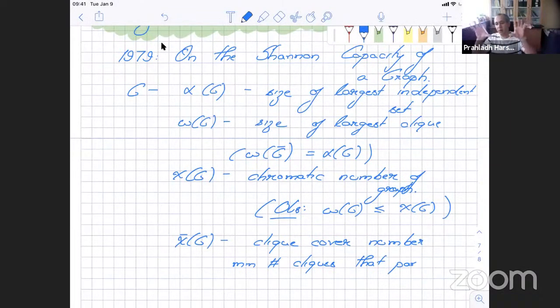Unlike the chromatic number, you want to decompose the graph into cliques such that every vertex is present in one clique or another. Across cliques, there might or might not be edges, I don't care. But within a clique, all the edges must be present. These cliques partition the vertices.